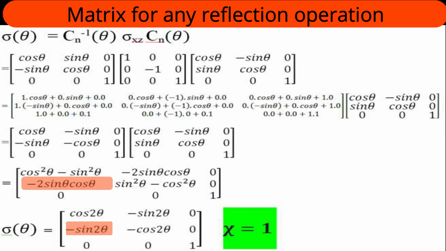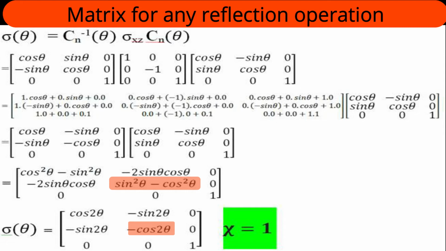In the second row, 2 sin theta cos theta, what's the answer? Sin 2 theta. Outside minus sign is there. So the result of A21 is minus sin 2 theta. Now see A22: sin square theta minus cos square theta. Have you heard such a term before? No, but we have heard now cos square theta minus sin square theta. What is cos square theta minus sin square theta? It is cos 2 theta. So reverse subtraction, that's minus cos 2 theta.